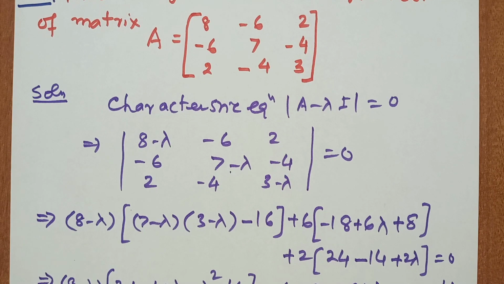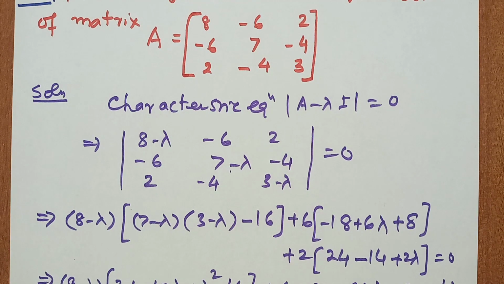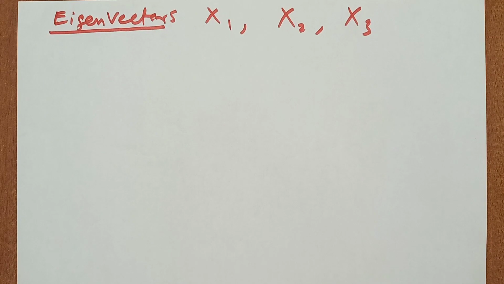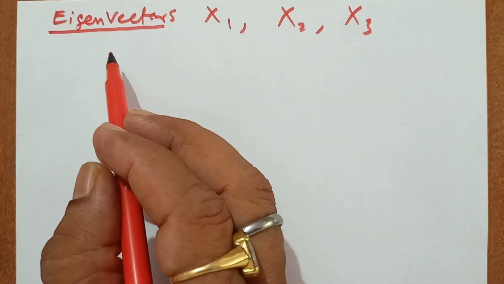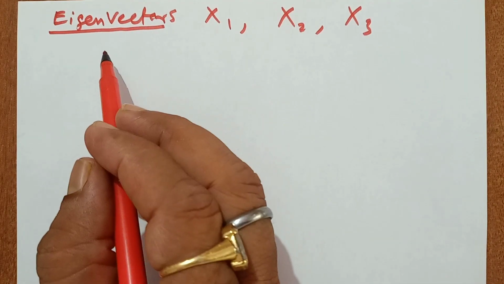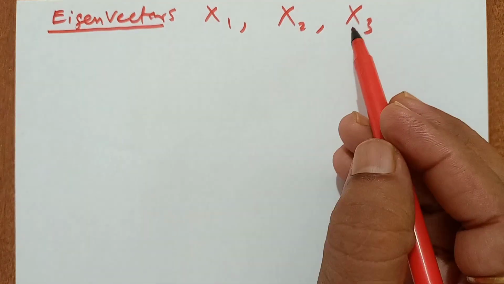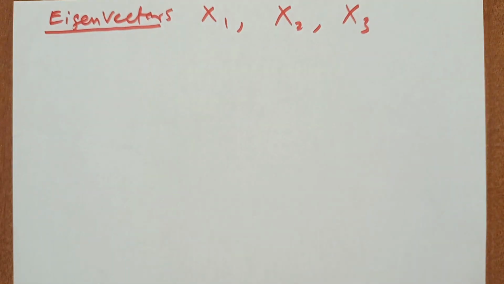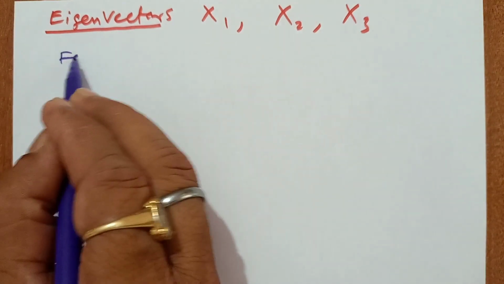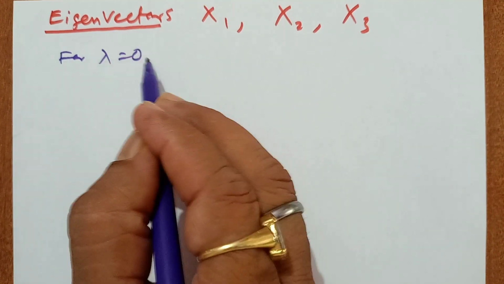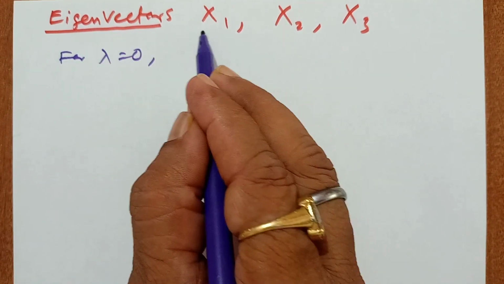Now I am going to solve for the eigenvectors. Since there are 3 eigenvalues, there are 3 eigenvectors. Corresponding to each value of lambda, we will solve for the eigenvector. For lambda equal to 0, let the eigenvector be x, that is x1.